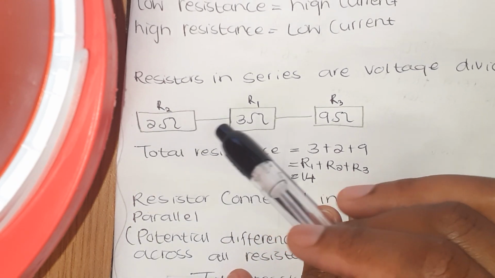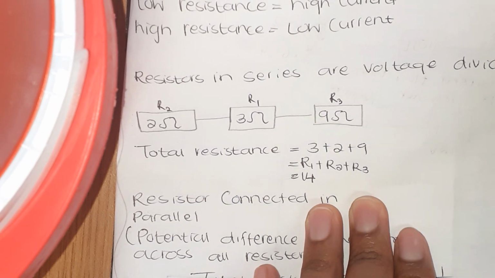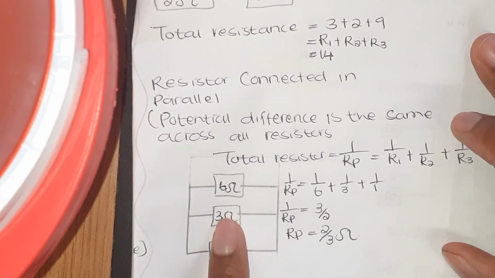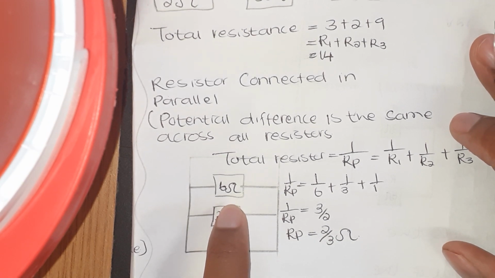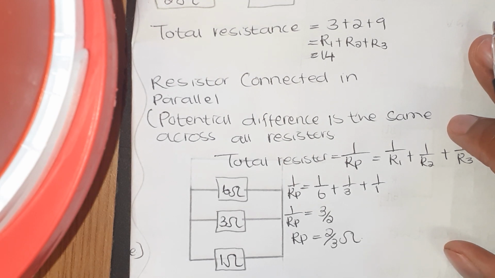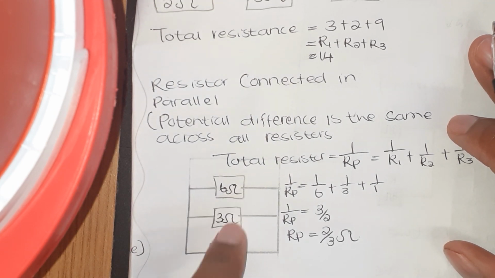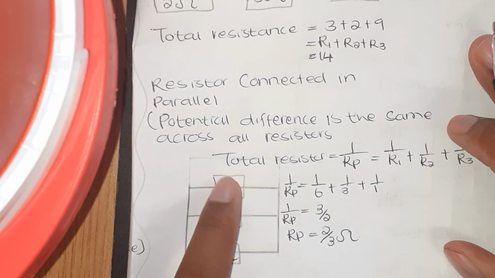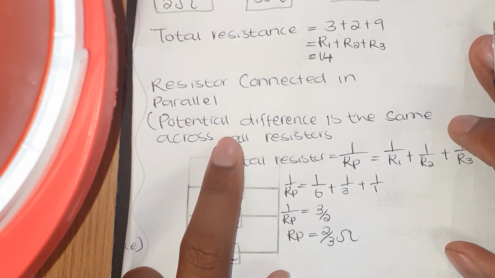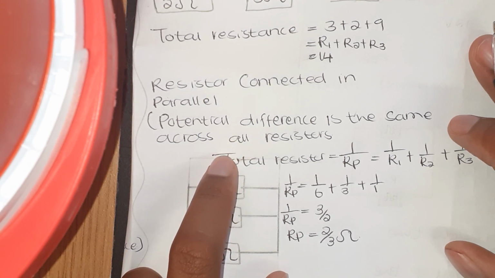But with this one in parallel, the voltage is the same and you do not add it. Let's say the voltage in the battery is 12. The voltage will be 12 across all of them, and the total one will also be 12 on the battery.